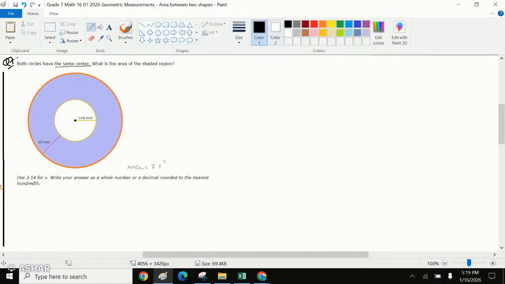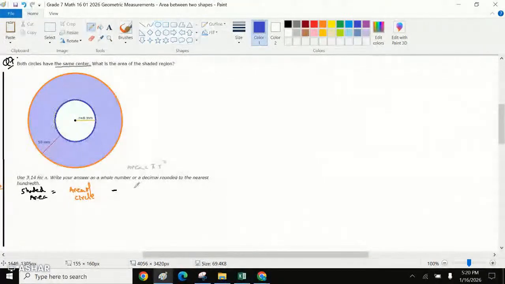So can we say that the shaded area would be equal to the area of the circle, that was the outer region, minus the area of the other circle, that is on the inner side of the shape.